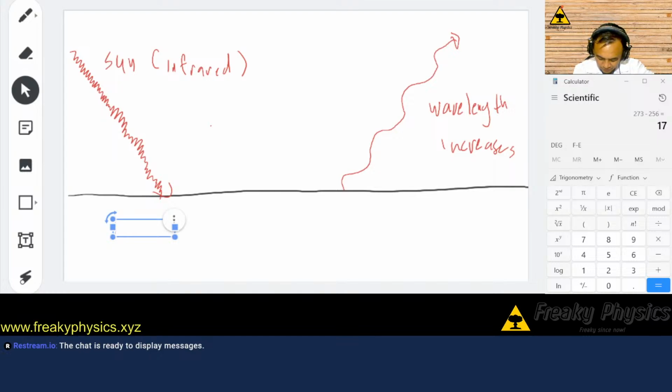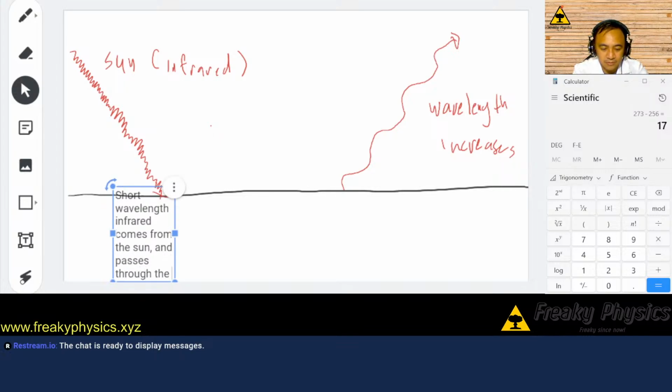Oh, by the way, before we do that, here, short wavelength infrared comes from the sun, right, and passes through the atmosphere and is absorbed by the Earth. Absorbed by the ground, I'll just say by the ground.